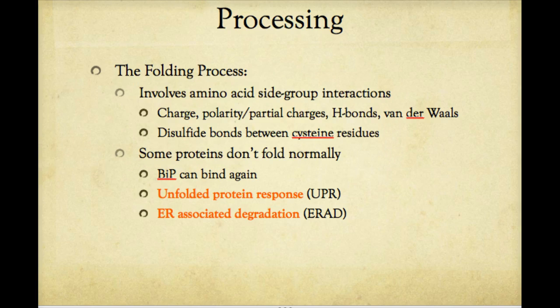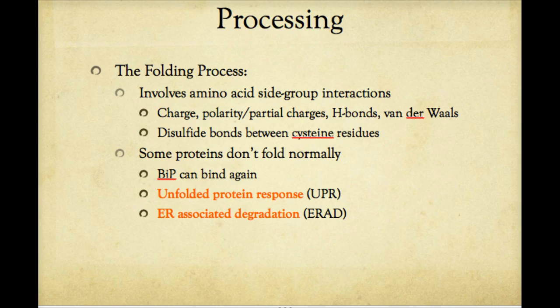So depending on their charge and their polarity, and whether or not they have partial charges within them, if they're hydrophobic, all of those things matter. That's going to allow the chaperone proteins to bring certain amino acid groups together to form hydrogen bonds, certain groups to come together to form van der Waals interactions, and there are other types of molecular attractions that can form that we didn't really talk about in this course.